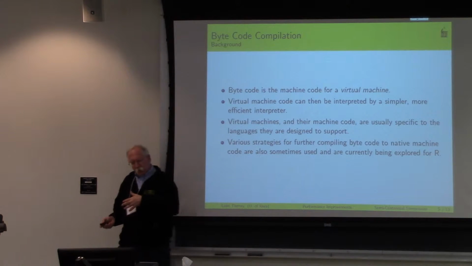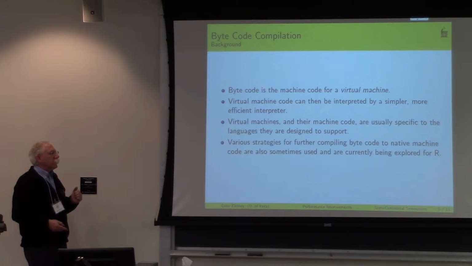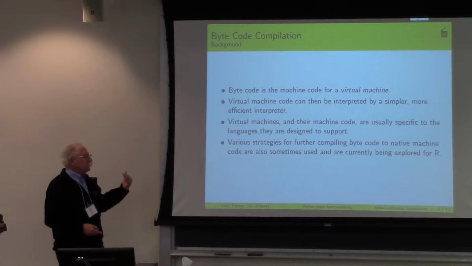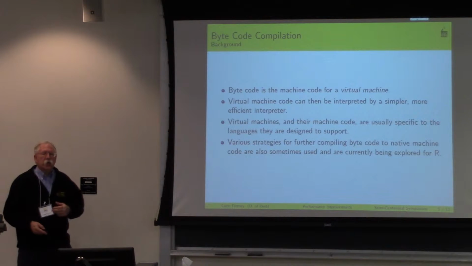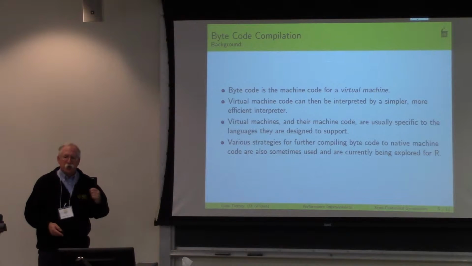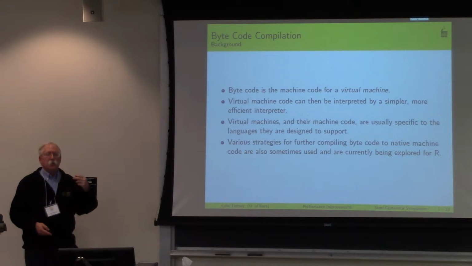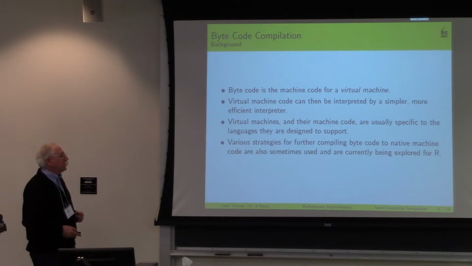There are some general purpose virtual machines, like the one from Java, that can be targeted by other languages, but most higher level languages that use this strategy have specialized virtual machines that know things like how to perform an addition operation. Typically that's done on scalars, but it might require dispatch to the system's object mechanism and so forth.